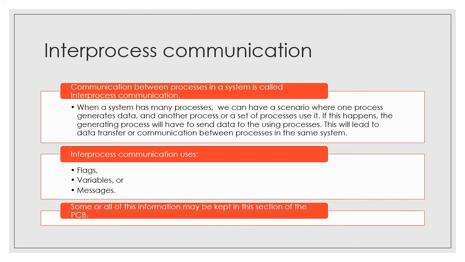This will lead to data transfer or communication between processes in the same system. Inter-process communication uses flags, variables, or messages, and we will cover this in later chapters. Some or all of this information may be kept in this section of the PCB.